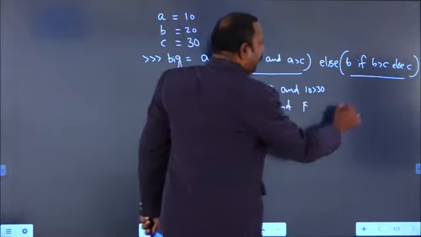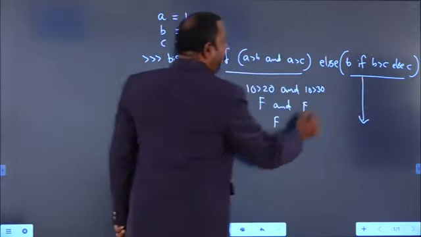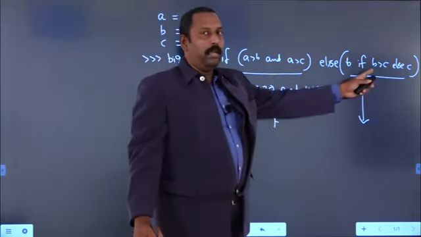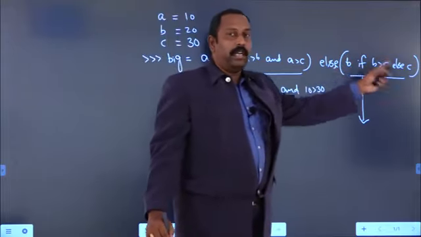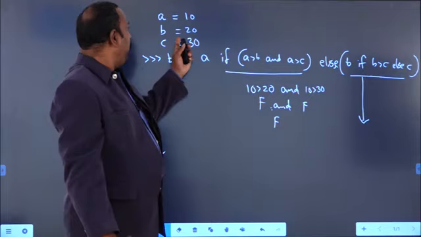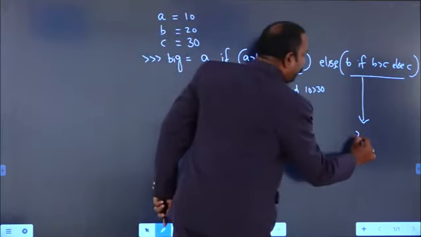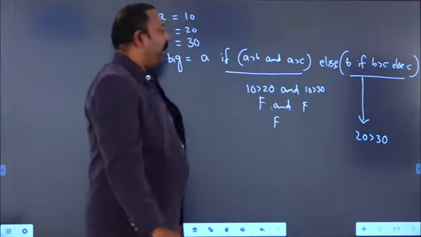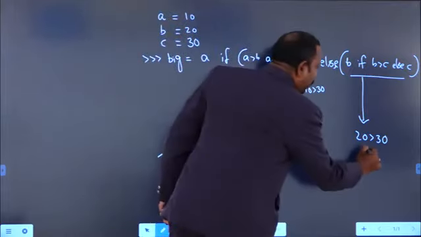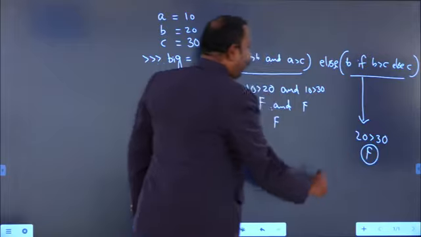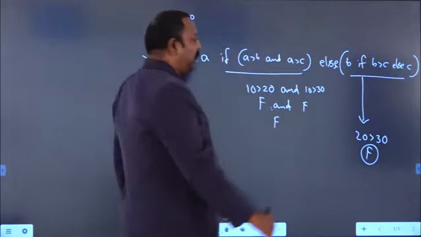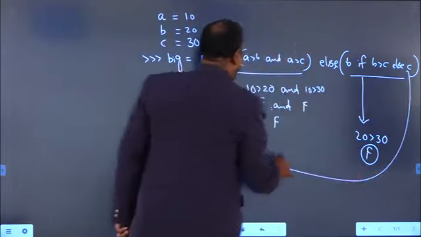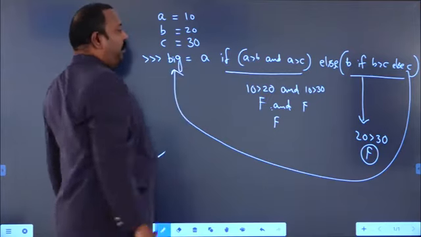In the else case, again, if b > c you will get the b value, otherwise you will get the c value. Is 20 > 30? The condition is false, which means again it will go to the else part. In the else part, what is there? c. So c will be assigned to big.